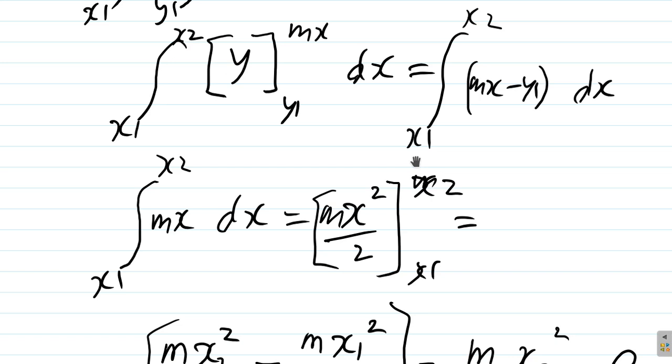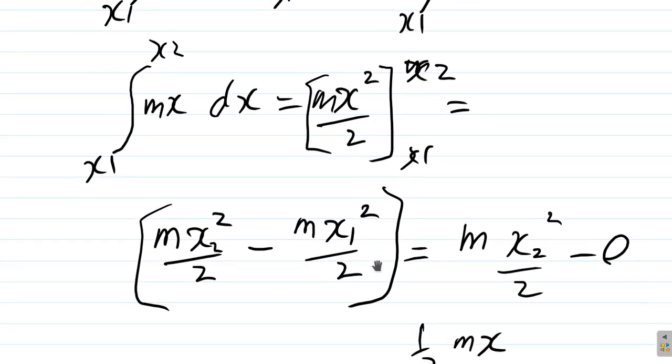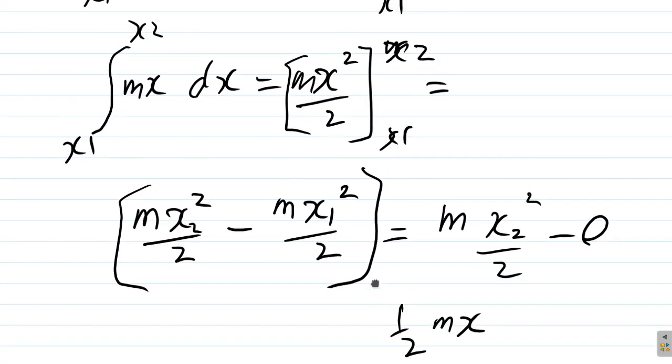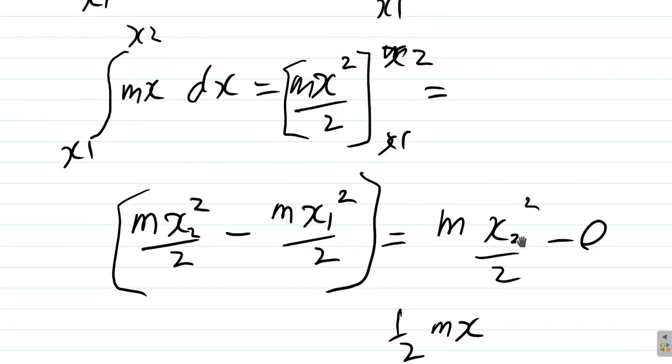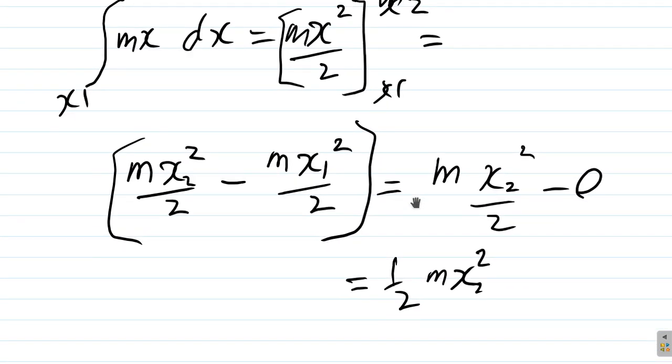And then we integrate this, so mx squared over 2. So when we do this, I had left out the squared part of it, x2 squared. So it's m times x2 squared over 2 that you get. You see that?